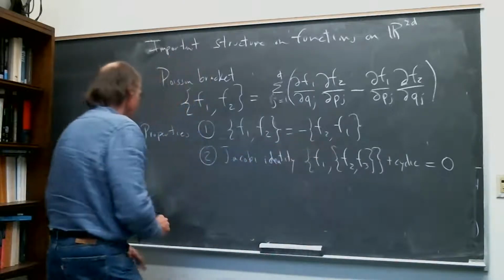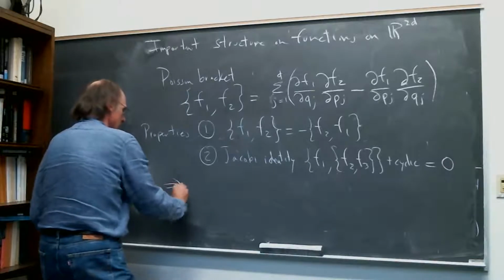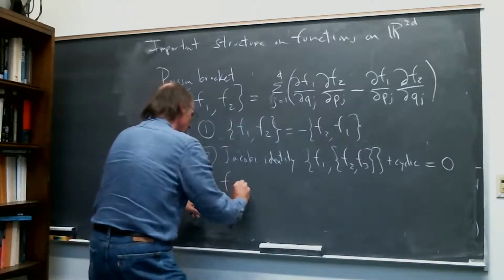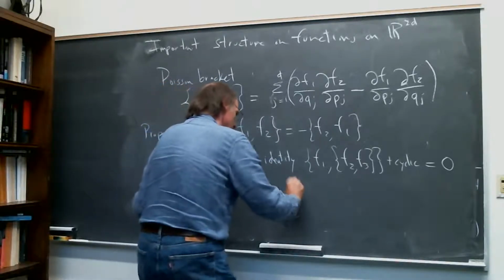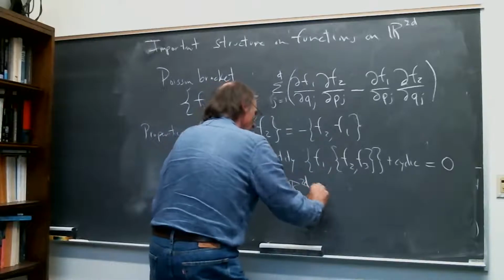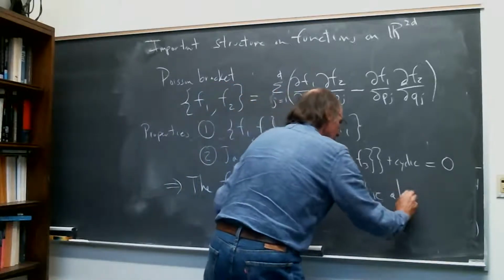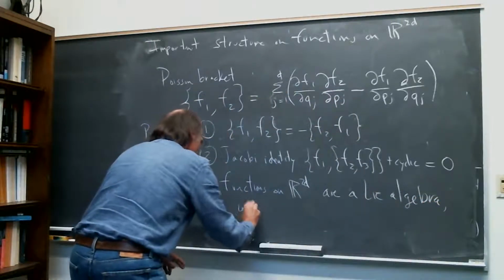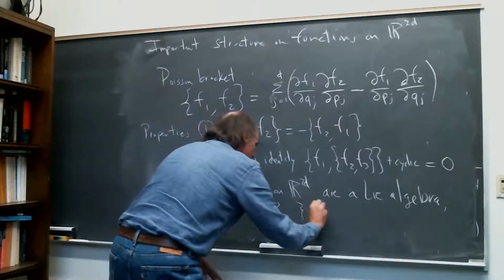So maybe the thing to say here is that what this implied is that the functions on R^2d are a Lie algebra with this Lie bracket.